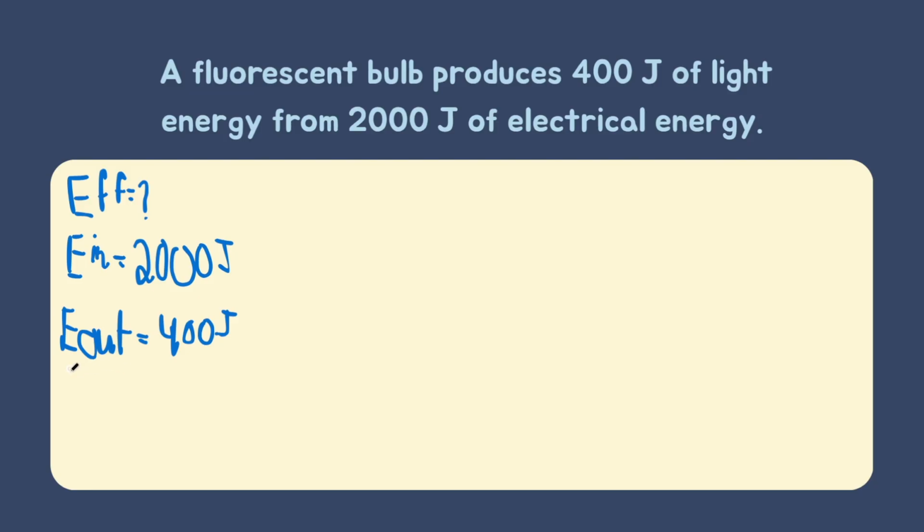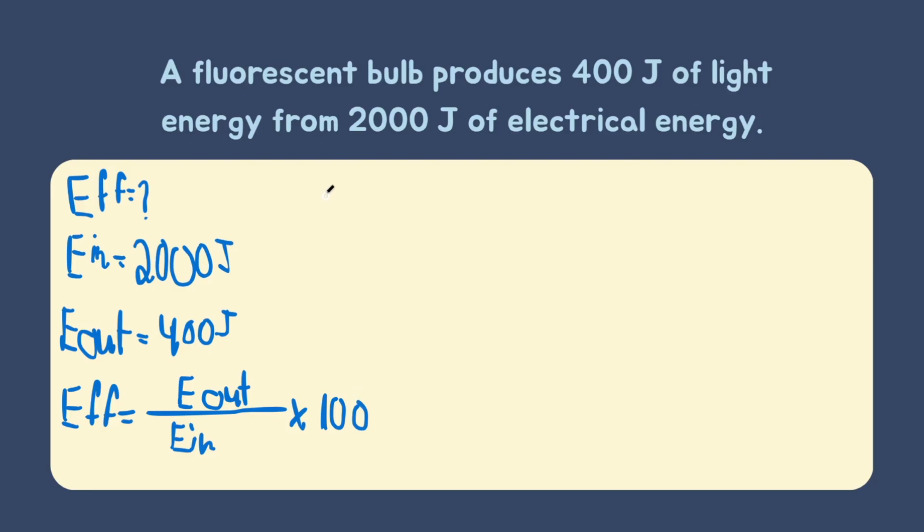And we have the formula. Efficiency equals energy out divided by energy in, and we want it in a percentage, so we times it by 100. Now let's plug in the values.